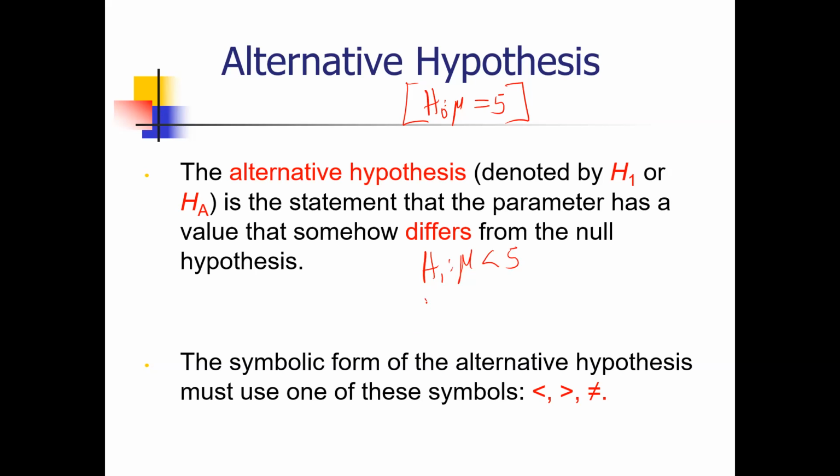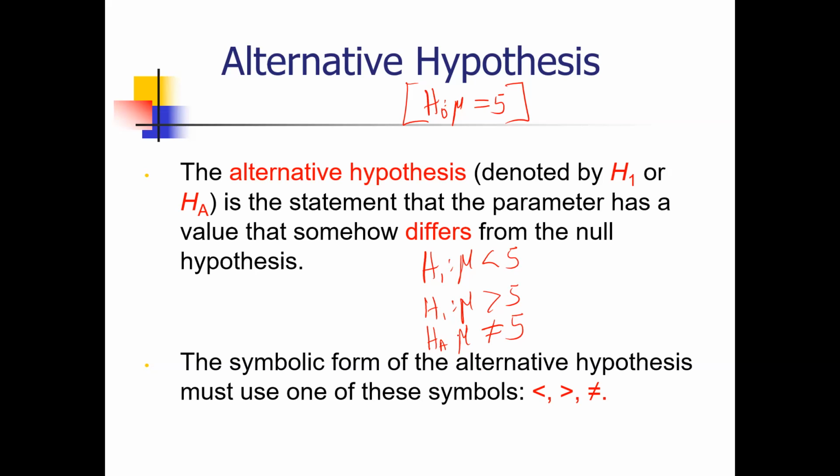The other is that the average height is actually greater than 5 feet. Or you could be in the middle, saying, I don't know if it is greater or smaller, but I know it is not equal to 5 feet. These are the 3 possible alternatives. There's no other position you could take if you are acting against the null.